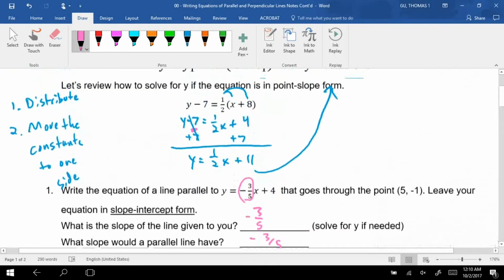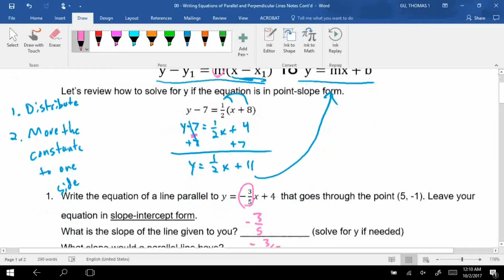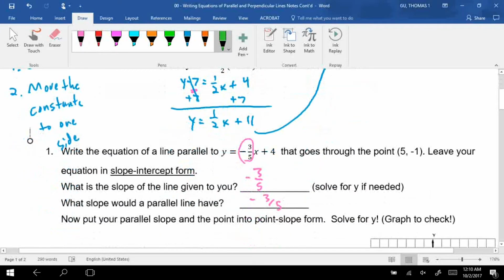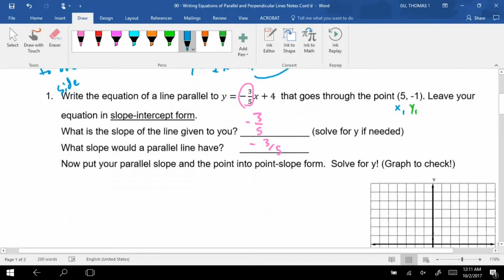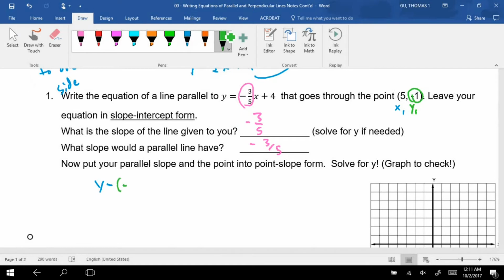Now put your parallel slope and the point into the point slope formula, right up here. Let's label these again: here's y1 and here's x1. So we have y minus y1, which is -1, so y minus -1 equals m, which is -3/5, times x minus x1, which is 5. There's our equation.